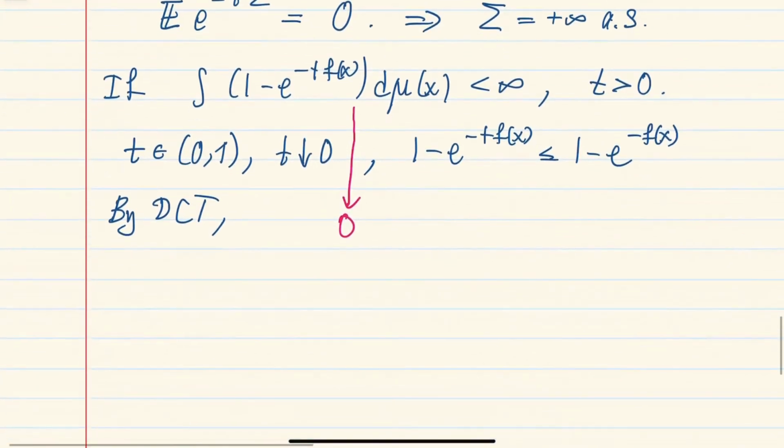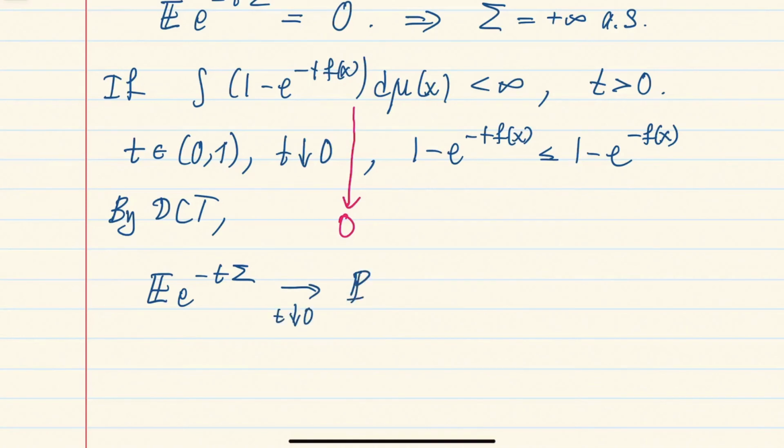On the other side of the equation, e to the minus t sigma will converge when t goes to 0 to the probability that sigma is finite, right? Because on the event when sigma is infinite, this exponential is just 0 for all positive t, and otherwise this exponential will go to 1, and so you get this convergence again by the monotone convergence theorem.